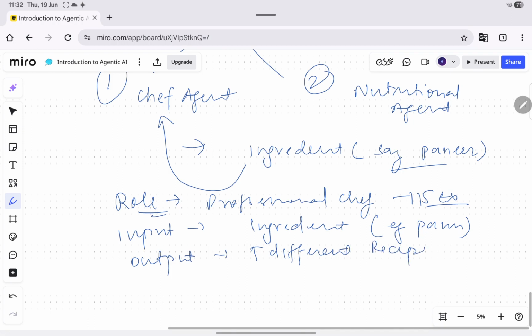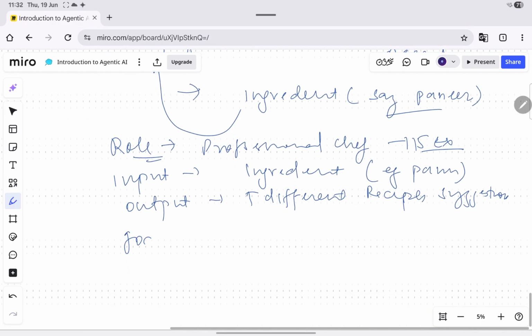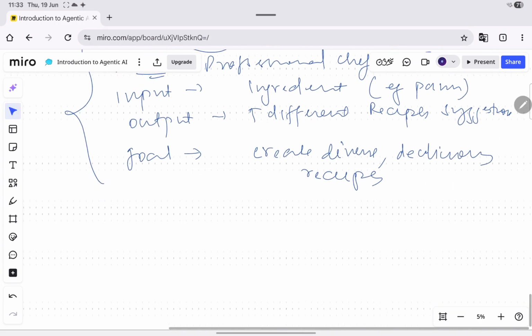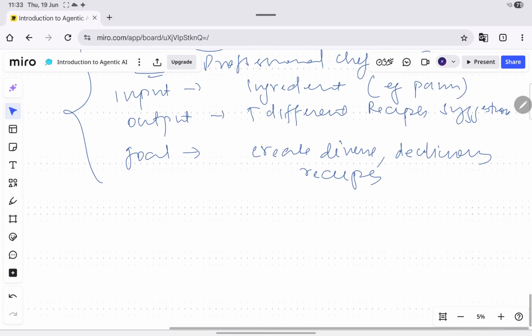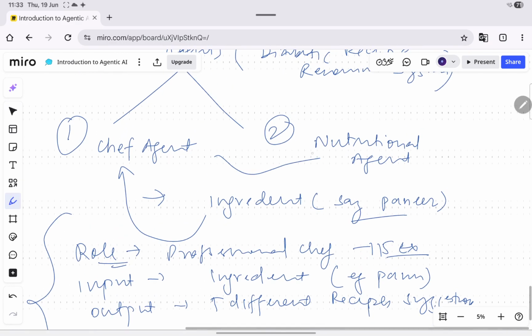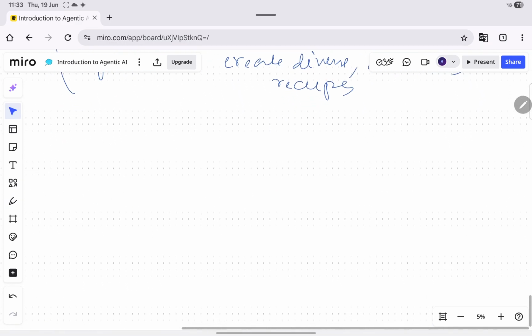And the goal is to create diverse, delicious recipes. This is the first agent, and it will give 5 recipes. Then it goes to the nutrition agent.